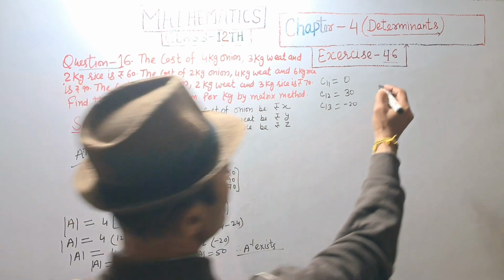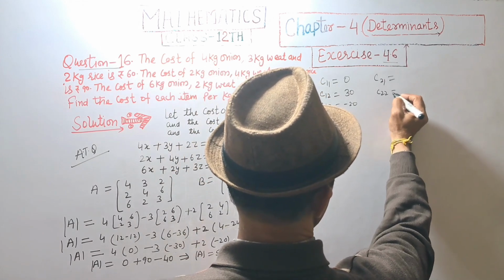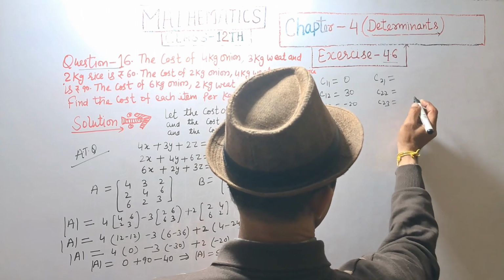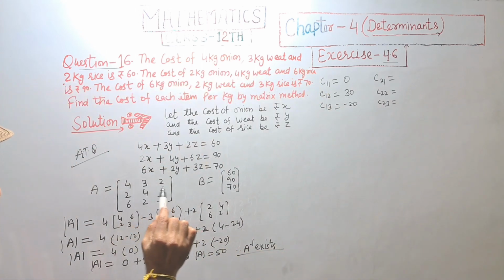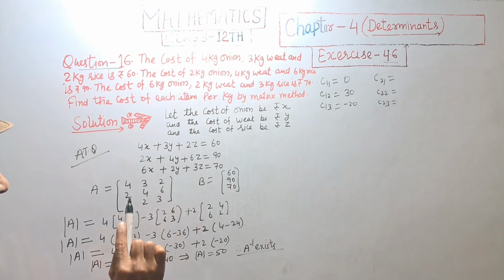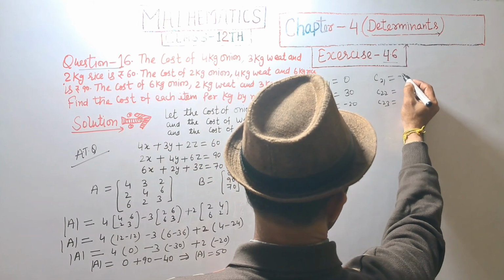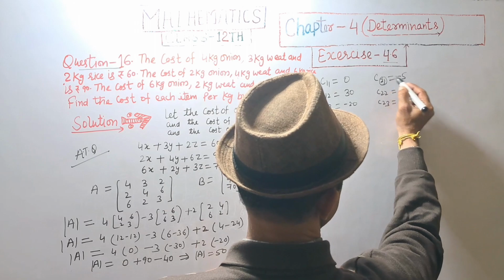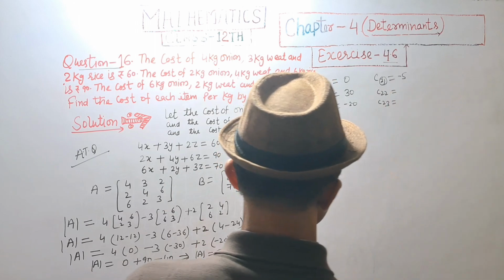And C21, C22, C23. C21: 3 3s are 9 minus 4 is equal to 5, but negative 5. 2 plus 1 is 3. This number multiplied by minus, that will be minus 5.